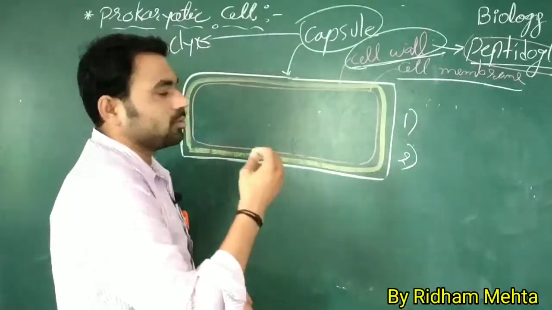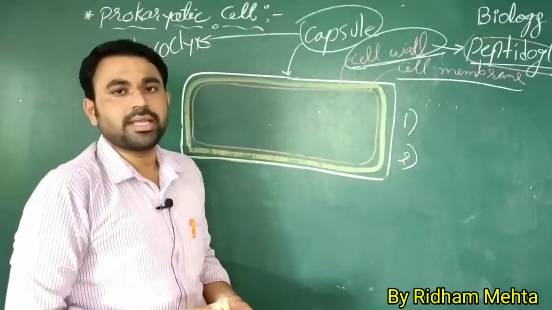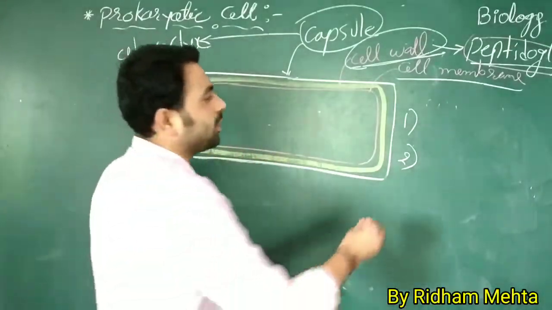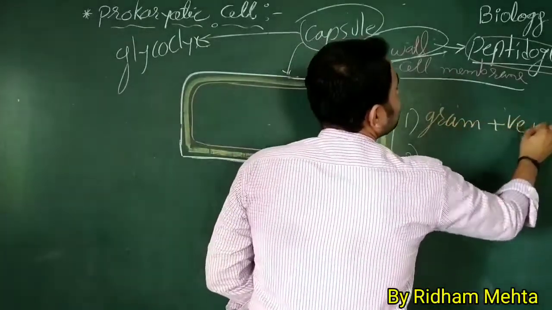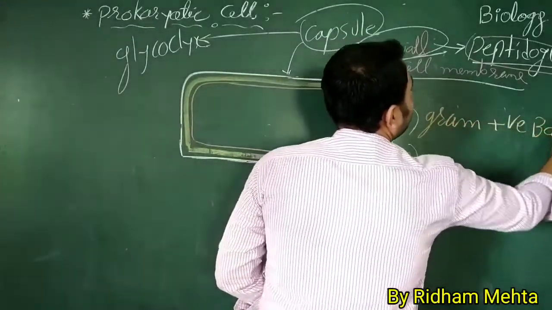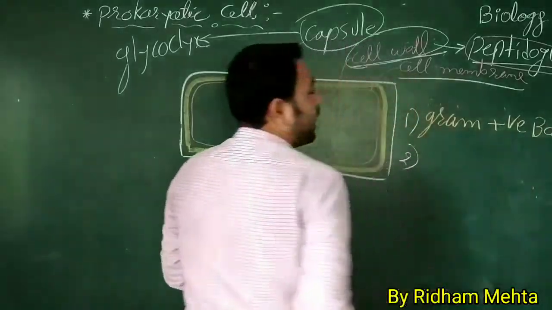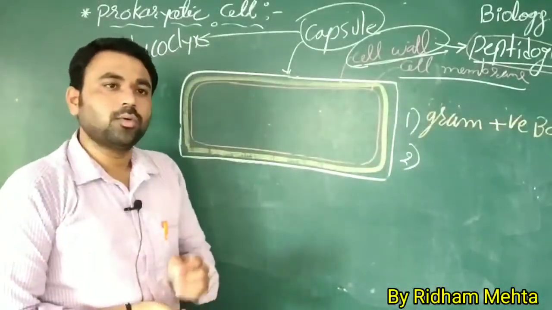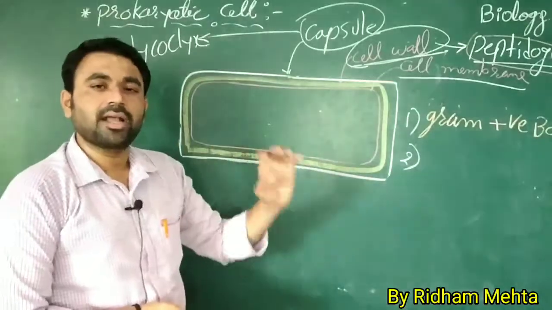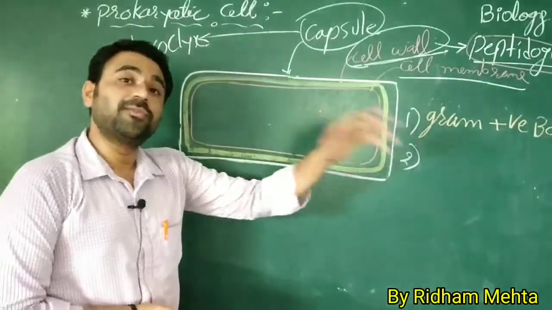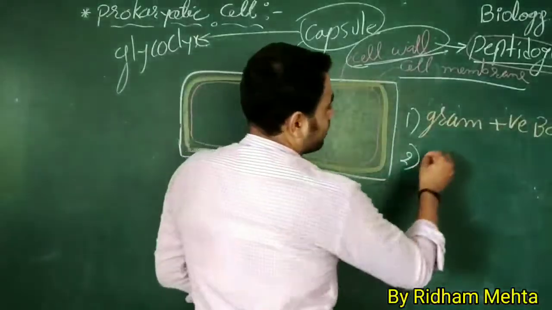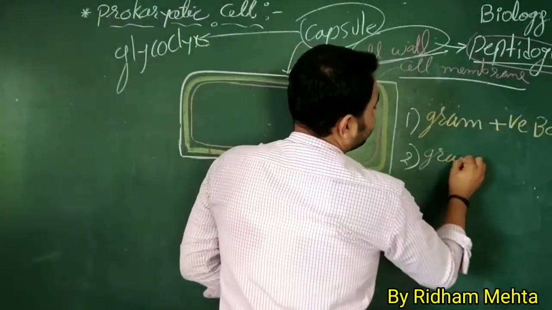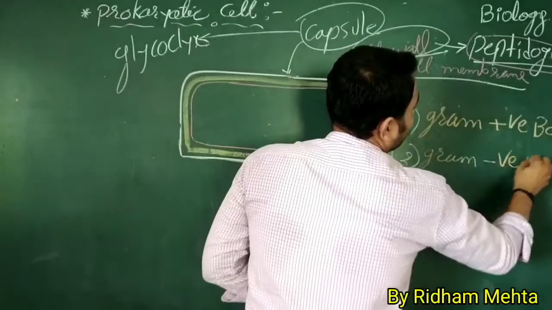So the bacteria which absorb this stain and give the color are called gram positive bacteria. And the bacteria which don't absorb this stain and are colorless or give a different color are the gram negative bacteria.